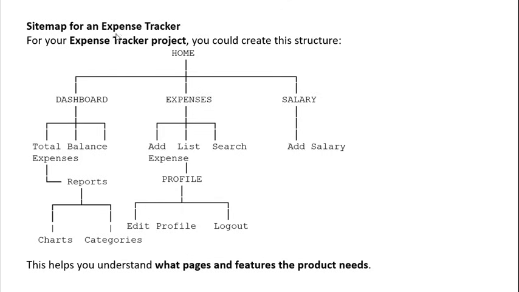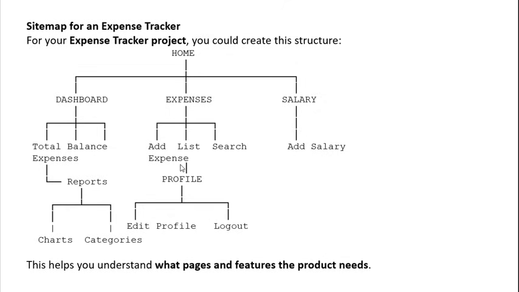And the sitemap for an expense tracker project: you could create these structures. Home leads to the dashboard, expenses and salaries. The dashboard shows the total expense and the balance, and creates a report as a chart with category-wise breakdown. The expense page has an add-expense list and search.